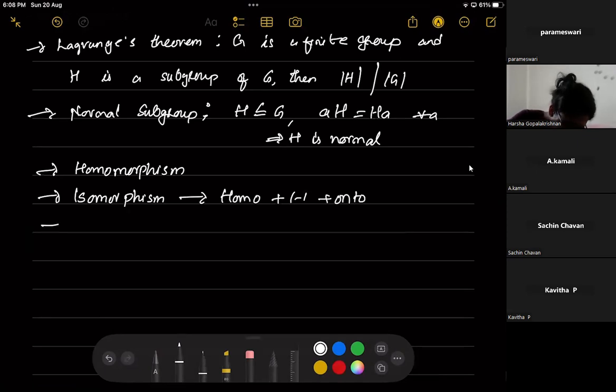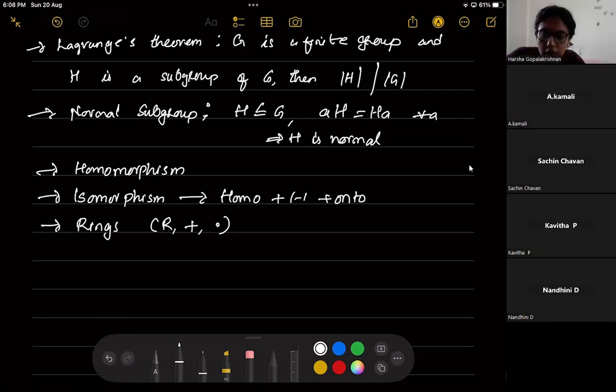Next we have gone through the definition of rings. In a group, we have one set G and one operation star. In a ring, we have two operations. Usually we say one is addition and one is multiplication. Usually we write a ring as (R, +, ·). There are lots of properties for R to be a ring, so you can go through the definition.